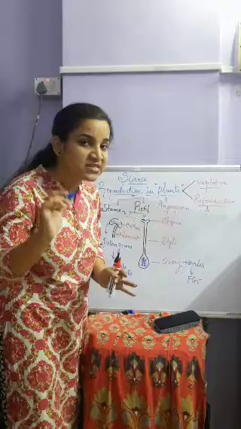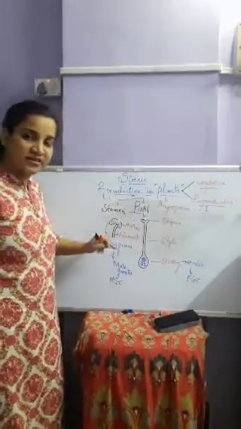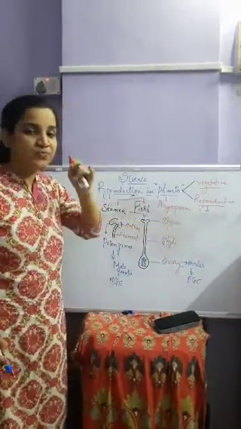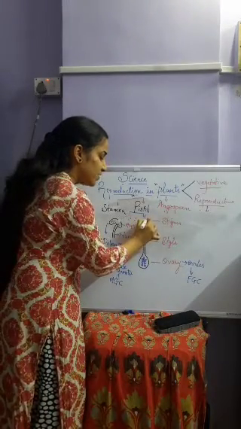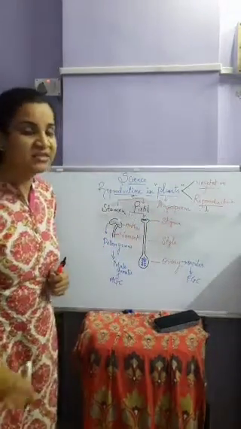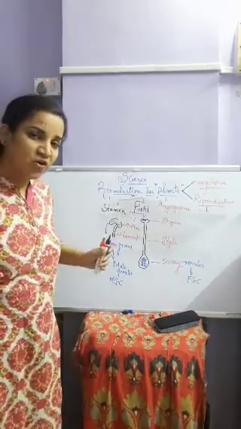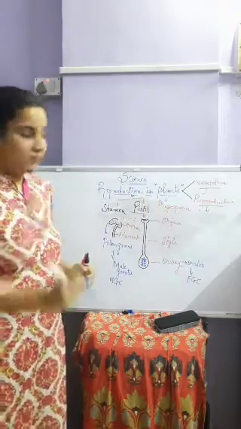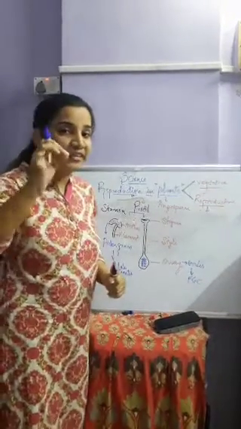This process of transfer of the pollen grains from the anther to the stigma is said to be pollination. Here the pollen grains are going to come and get settled, maybe one, maybe two, maybe three, or maybe more than that.